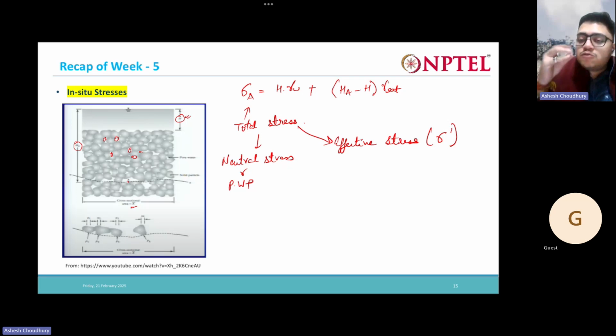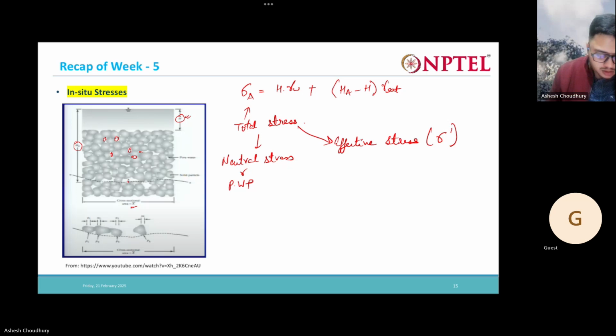If you sum up at any level the contact forces between soil grains, that will give you the effective stress. At any level, there are many soil grains in contact, so if you sum up all the intergranular contact stresses of all the pairs of grains, that will give us the effective stress. Effective stress is the stress that is actually taken by the soil skeleton.